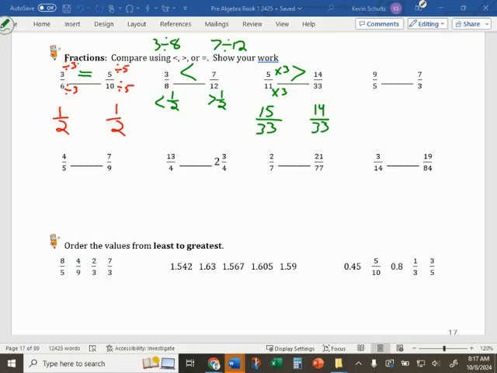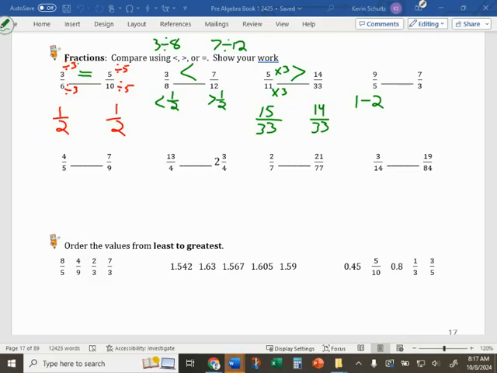Yeah, since these are improper fractions, remember that means they could be written as mixed numbers. We have some wholes here, right? How many times does 5 go into 9? Once. Does it go in there twice? No. So we know that this fraction is somewhere between 1 and 2. 1 whole and 2 wholes. Somewhere between that. Okay? 3 goes into 7 twice.